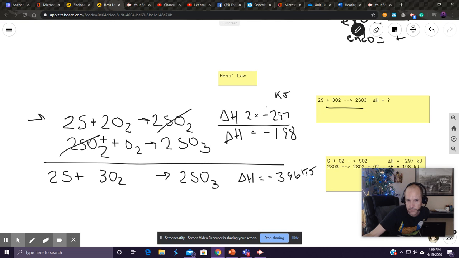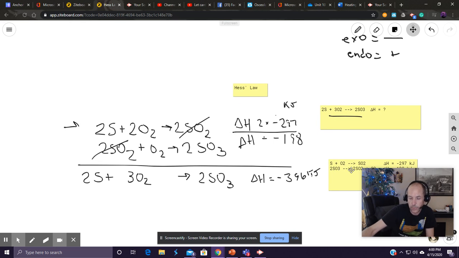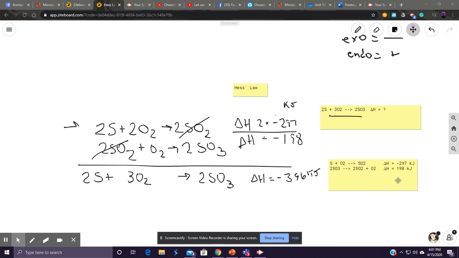Then I flipped it over here, because my exemplar gave me the value, but it was flipped. So I flipped it, but I also inverted the sign. Right there you can see the negative 198 when I flipped it. So if you flip the equation, you put a negative sign there.